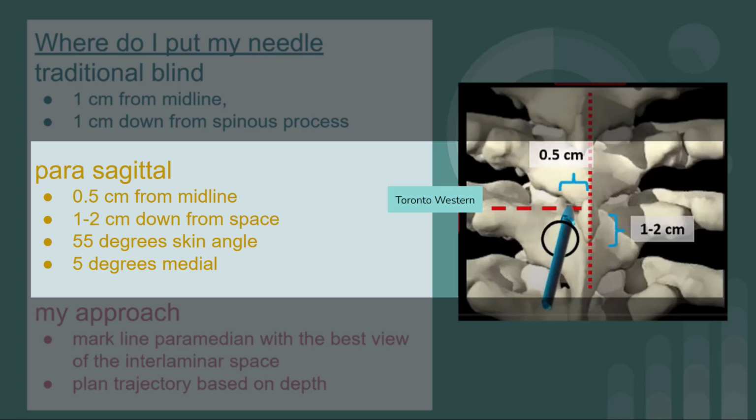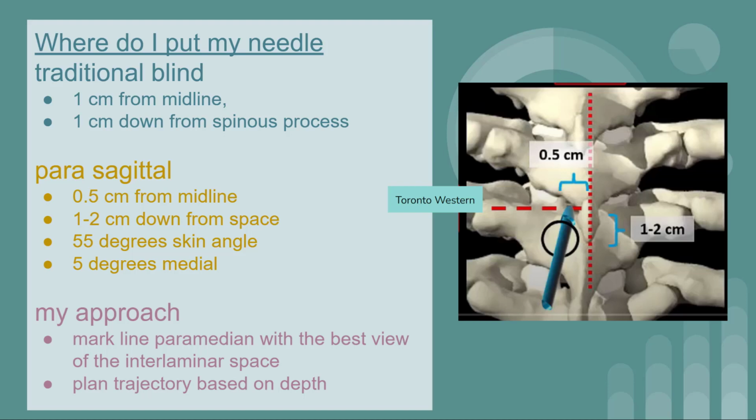And so what they do is, once they've landmarked out their space in their midline, they go 0.5 centimeter from midline, and then they drop down 1 to 2 centimeter. They then angle about 50 degrees up and 5 degrees in, and go down to find the space that way.